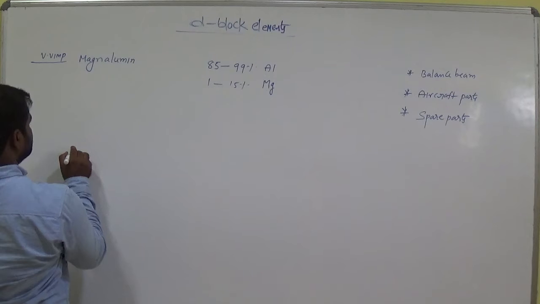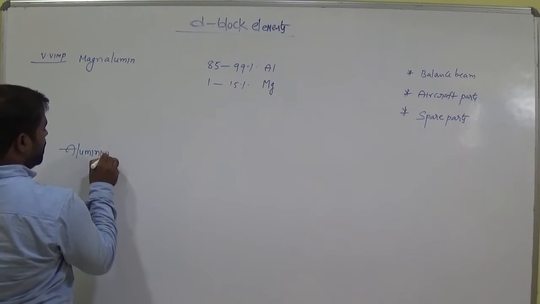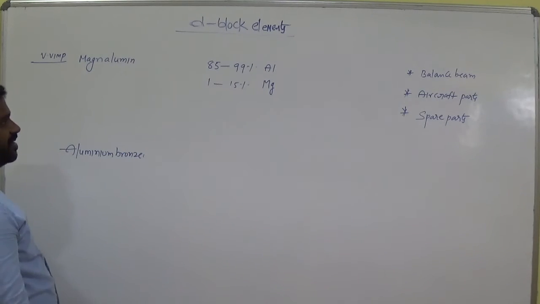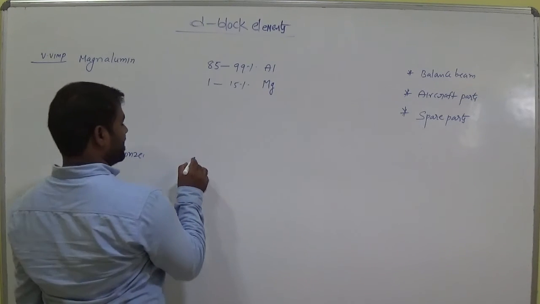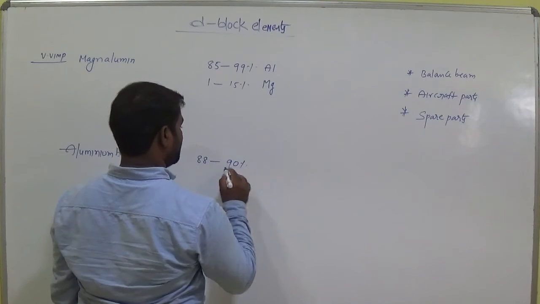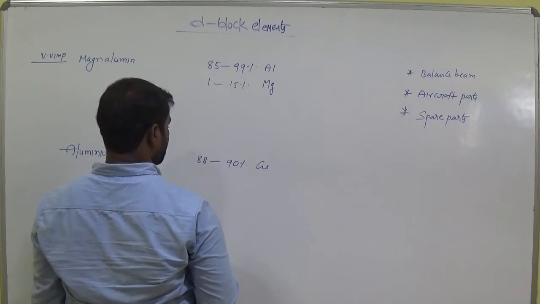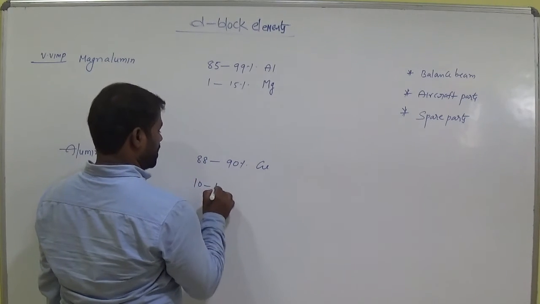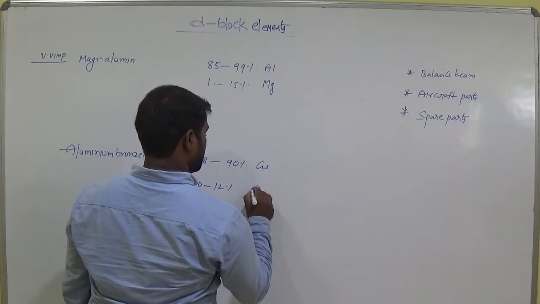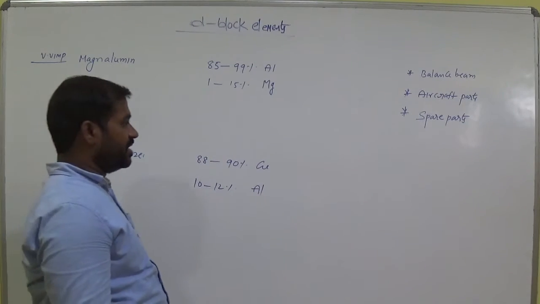And the next one is aluminium bronze. That is 88 to 90% of copper and 10 to 12% of aluminium.